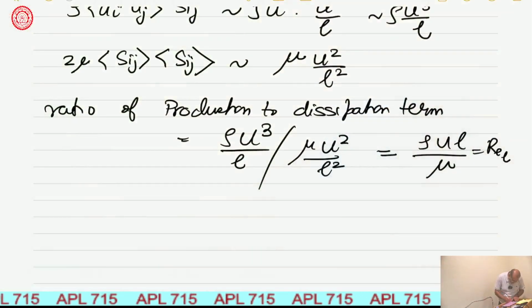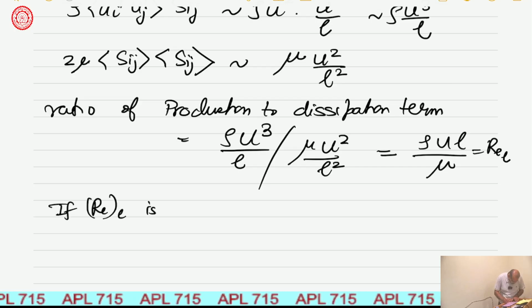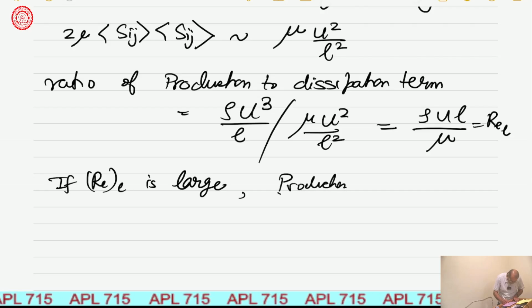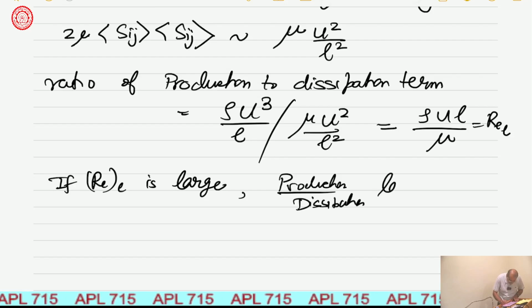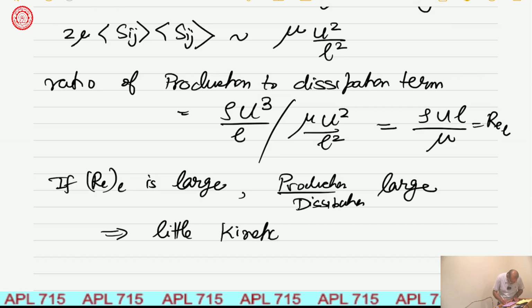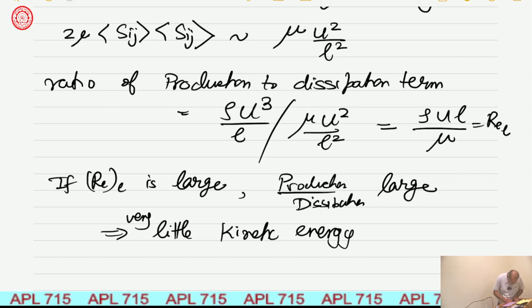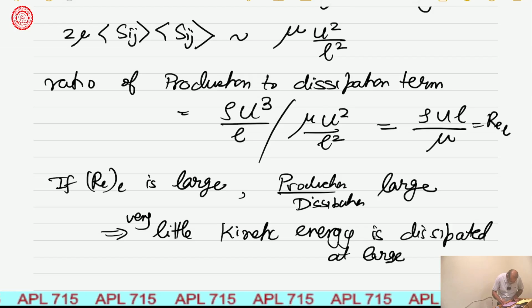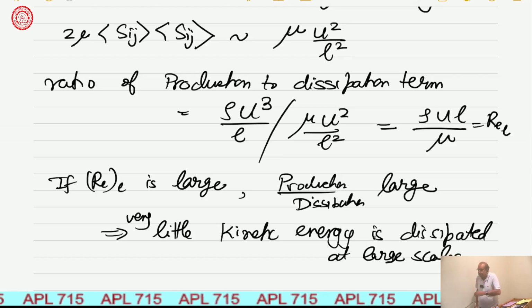And if Re is large, you can say that for large Re, the total power received by that blob is turbulent kinetic energy.